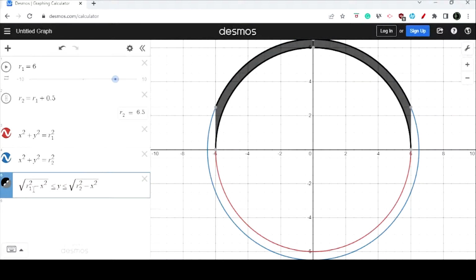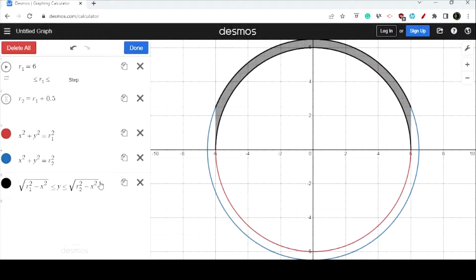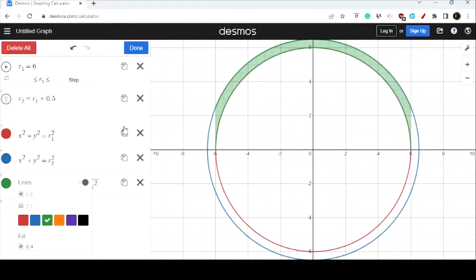If you got the two flipped, you would reverse the inequality symbols. Let's change this color a little bit.